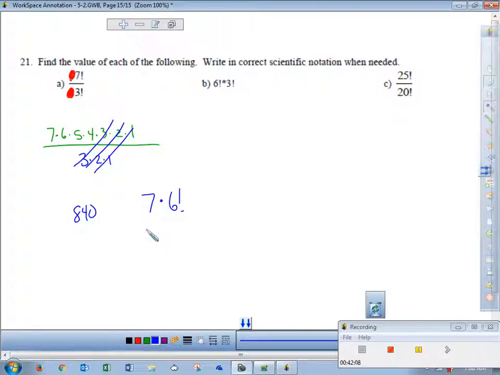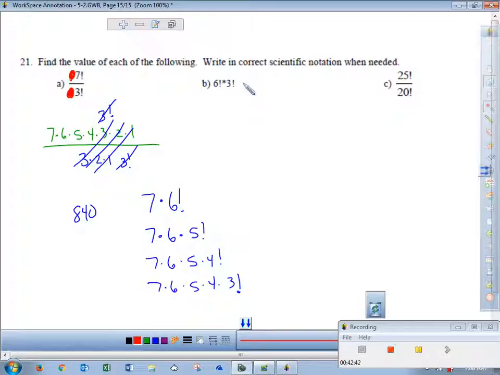Or you could write it as 7 times 6 times 5 factorial, or 7 times 6 times 5 times 4 factorial, or 7 times 6 times 5 times 4 times 3 factorial. Well, when you get to that point, you'd have 3 factorial up here and 3 factorial down here, and those kind of cancel each other out. You really just got 7 times 6 times 5 times 4.